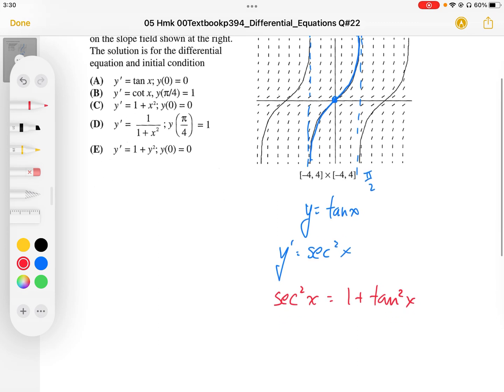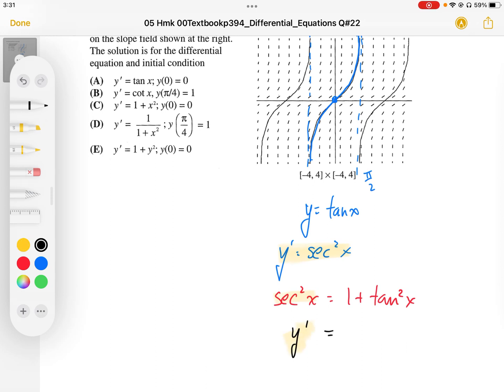Well, if that's the case, y prime is secant squared, so I could just replace this secant squared with y prime. This is this, and this is what I get here.